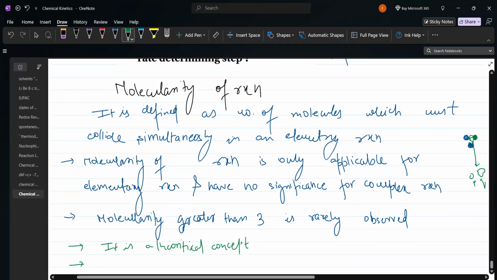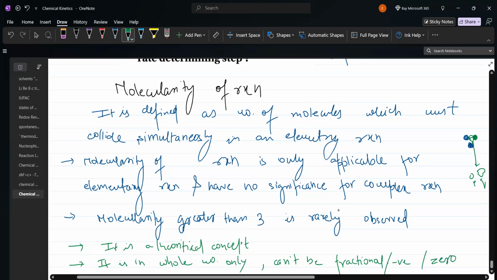It is a whole number only. It can't be fractional or negative or zero.